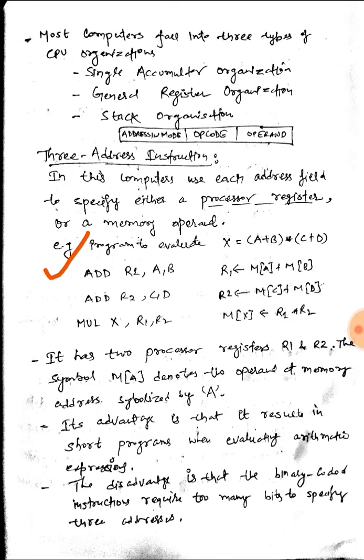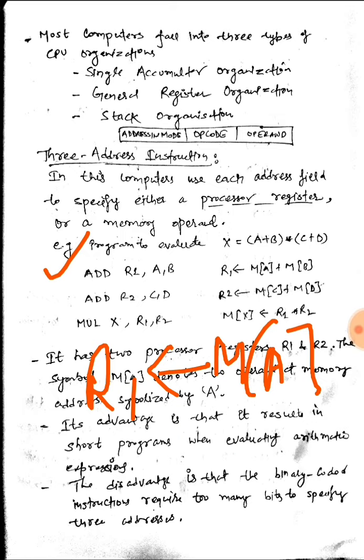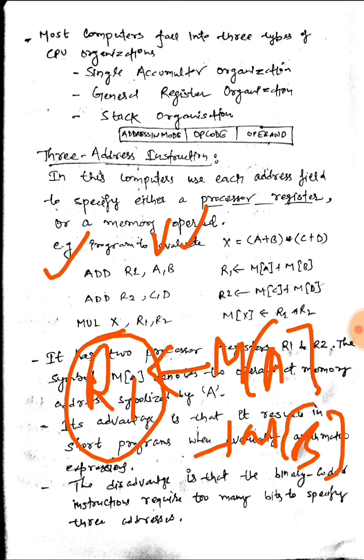In this, register 1 would have the value of variable A plus B. A and B represent the variables denoting memory, so M of A plus M of B will be stored in R1, that is register 1.